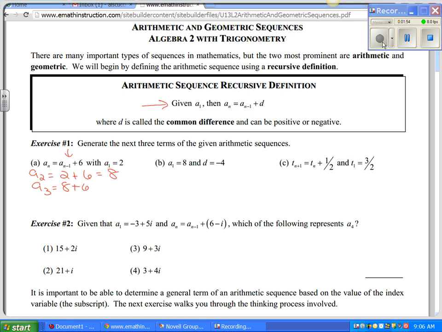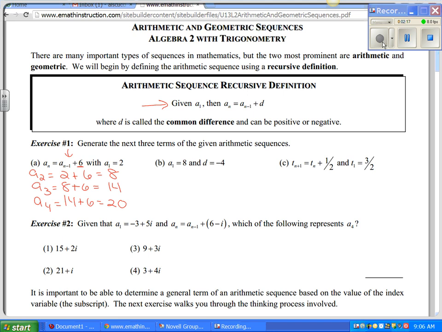Good, 8 plus 6. We're using the previous term, right? Is this changing? It's not changing its place, right? All right, a sub 4. And I get? So that was quick, right? So recursion is pretty simple. You're just taking that previous term and popping it into my formula.